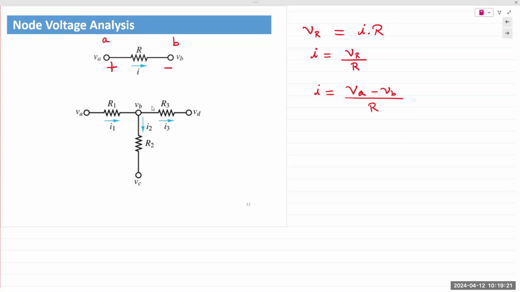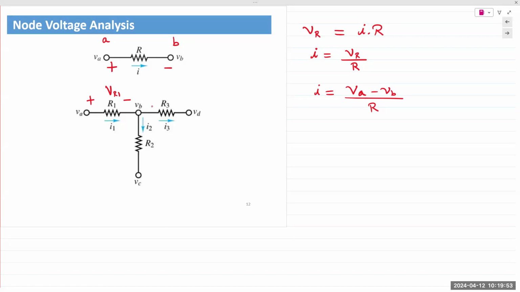Based on the current directions, we can state the relationship of each node with respect to the other node. So if you take a look at I1, what can we say about VA and VB? Which end is higher? So we mark VA with a plus, and this end would be minus. And that is VR1. How about R2?